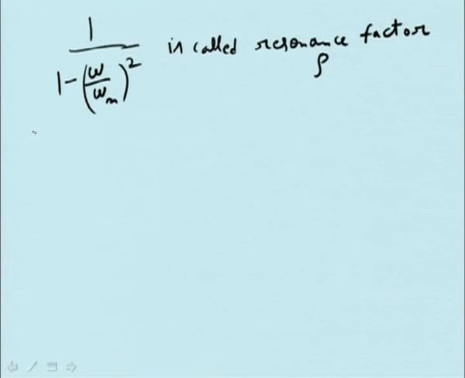Now let us solve the differential equation when there is resonance. We know the differential equation: m x double dot plus k x is equal to F cos omega t.